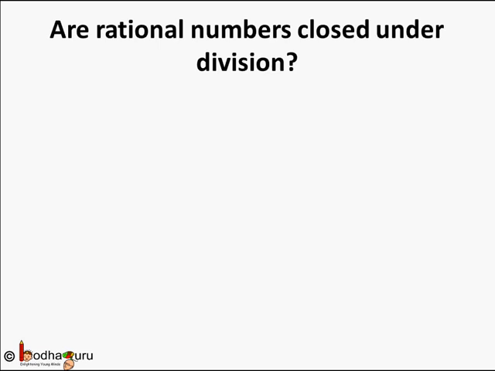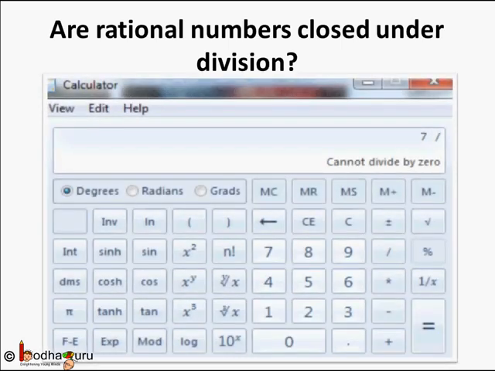Now the question comes, are rational numbers closed under division? If you use a calculator, then try to divide 7 by 0. What do you see? You will see 7 cannot be divided by 0. So we can say rational numbers are not closed under division.